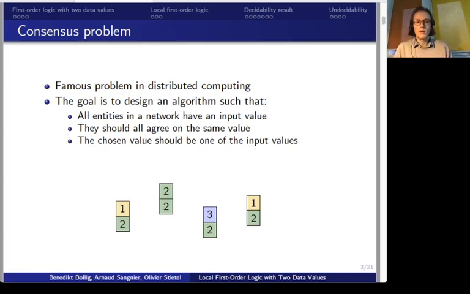For example, here we have 4 computing units. The first one proposed 1, the second one proposed 2, the third one proposed 3, and the fourth one proposed 1, and they all agree on the data value 2.